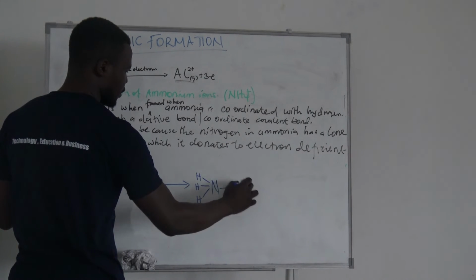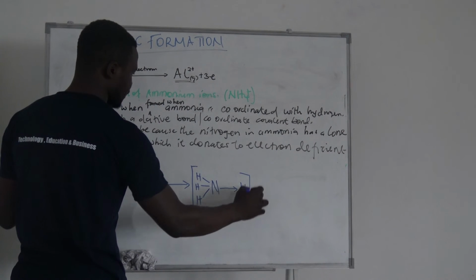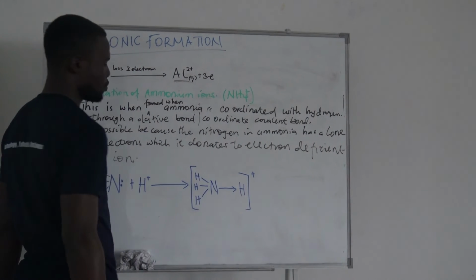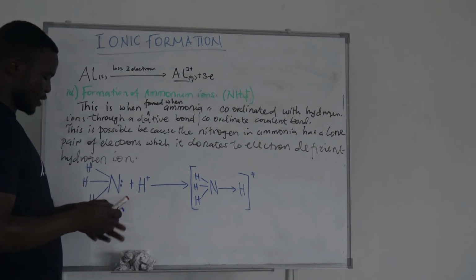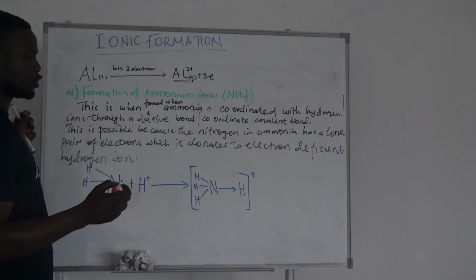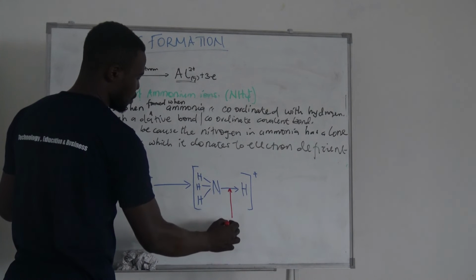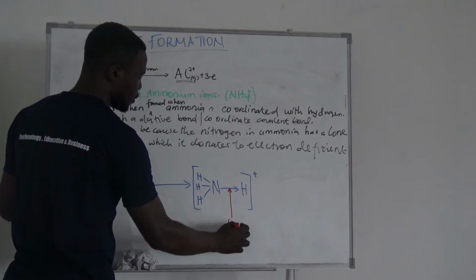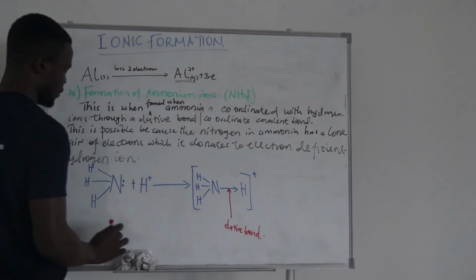When we are writing the ammonium ion, we put an arrow that shows who is donating to whom. This one we call a dative bond.